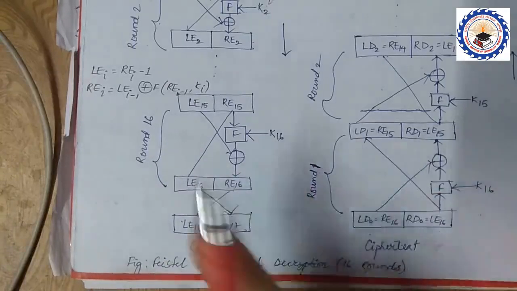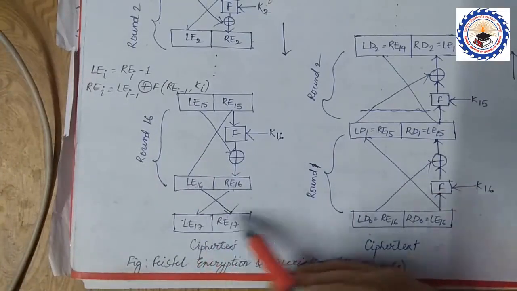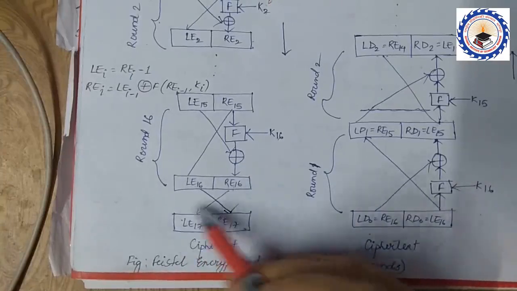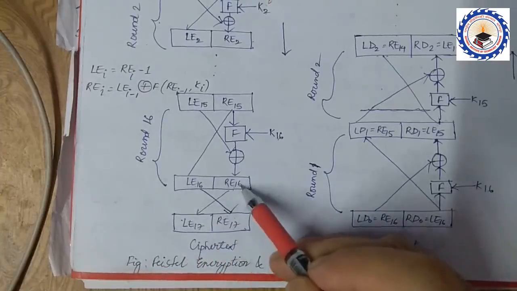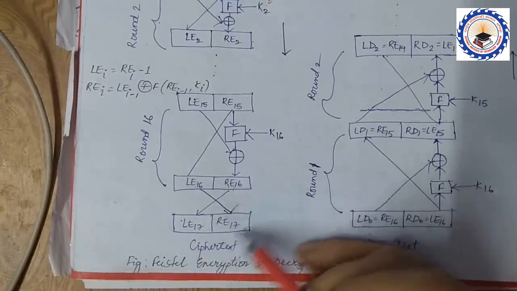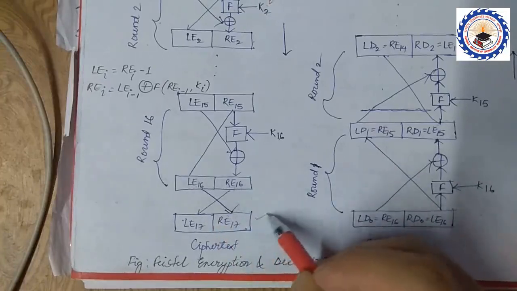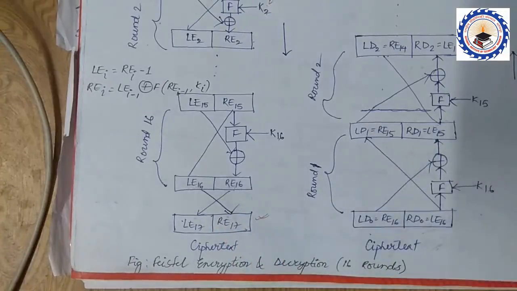The whole left-hand side values come from the right-hand side, and the whole right-hand side values come from the left-hand side. We just swap the values, and then this is the ciphertext.